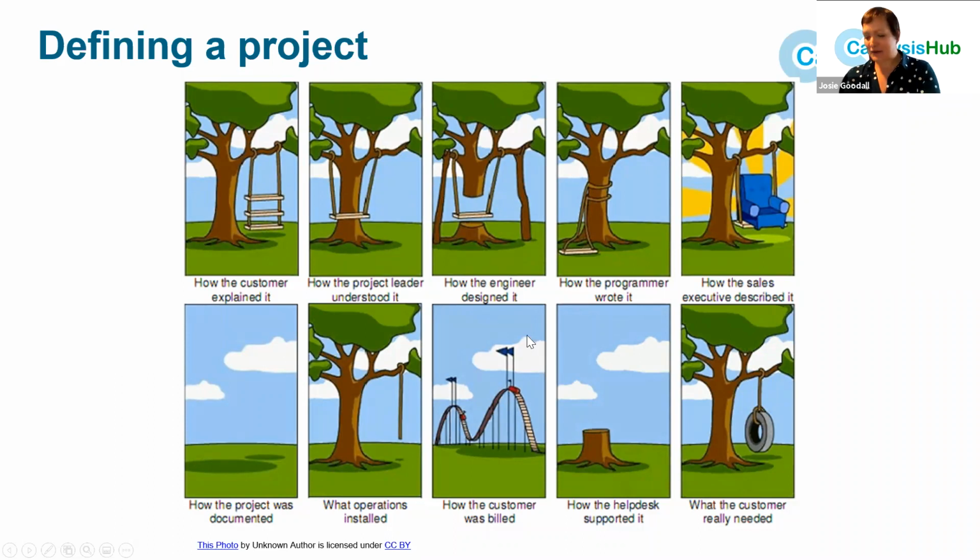I won't go through all the stages because you can probably see them, but it's very important not only to define your project, but to get everyone involved to agree what's in the project and what's out of the project. And so at the end, everyone is happy with what is produced.